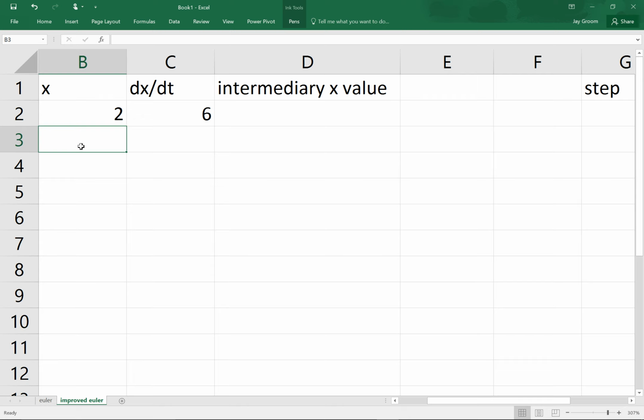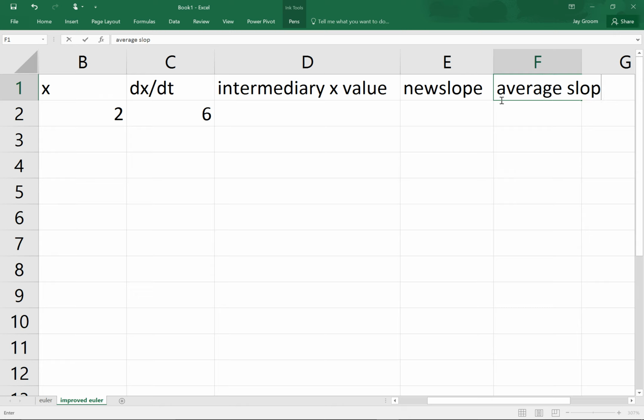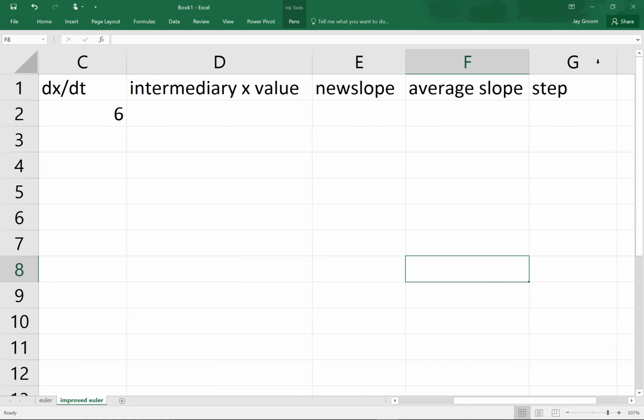And then we're going to find here a new slope. And then over here we're going to find the average slope. Now, there's nothing magical about the way I set this up. So if you set them up slightly different than me, that's totally fine. Nobody cares. You'll be good to go.